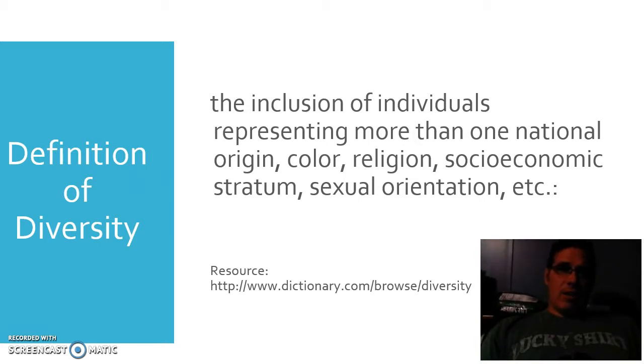The one thing I did notice it didn't point out, when we were just talking about general diversity, is that there are also diverse learners. And we're going to cover some of those types of diverse learners. But within those diverse learners, there are all these others: national origins, the different colors, religions, socioeconomic stratums. And that does impact the way they learn.